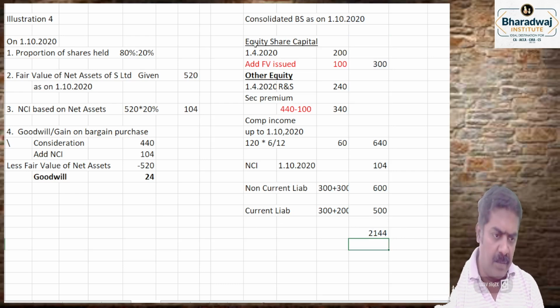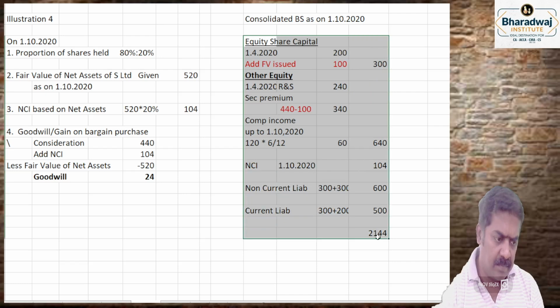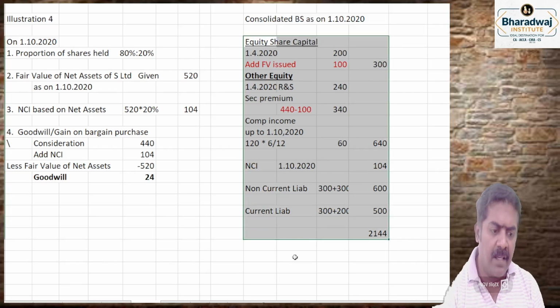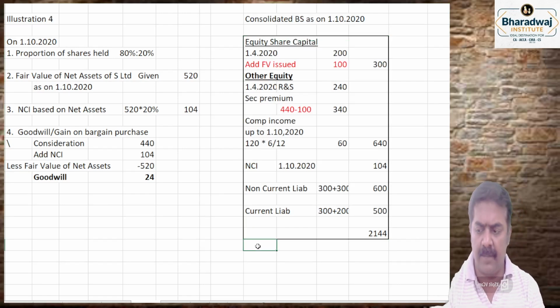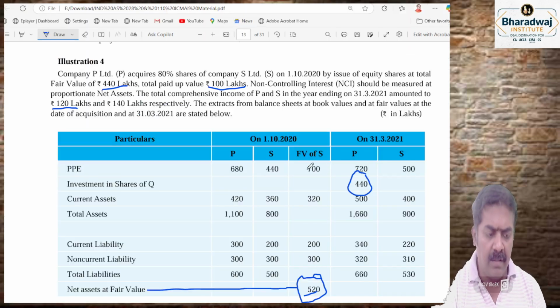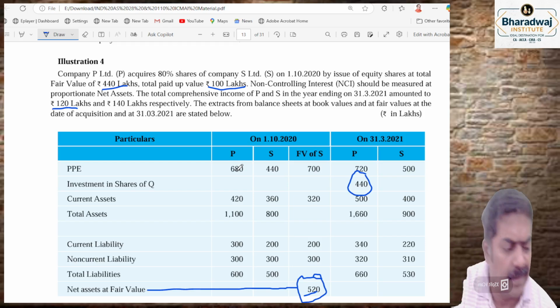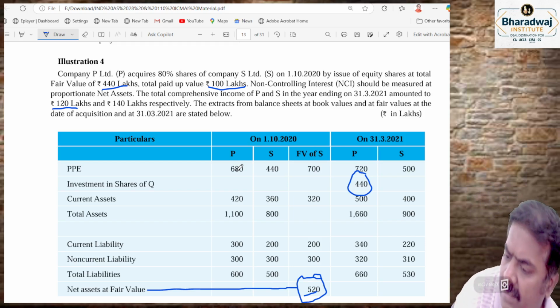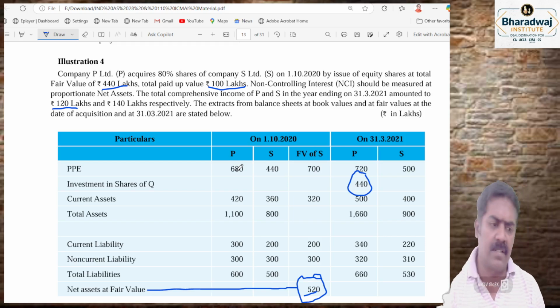Then what will come on the asset side? This is your liability side. In the asset side, what all will come? PPE: which value will we take? Fair value. What is the fair value? 700 plus 680.